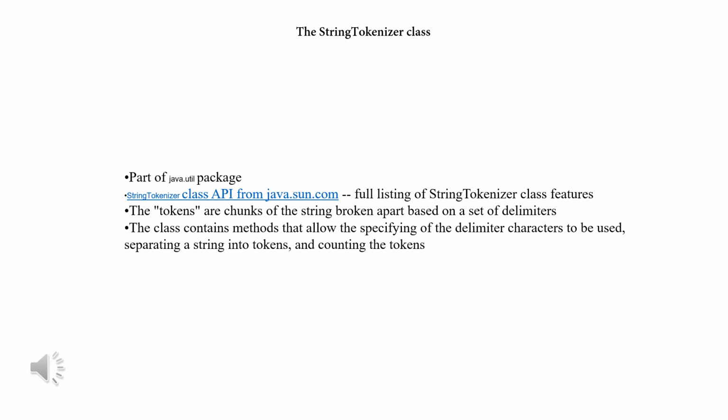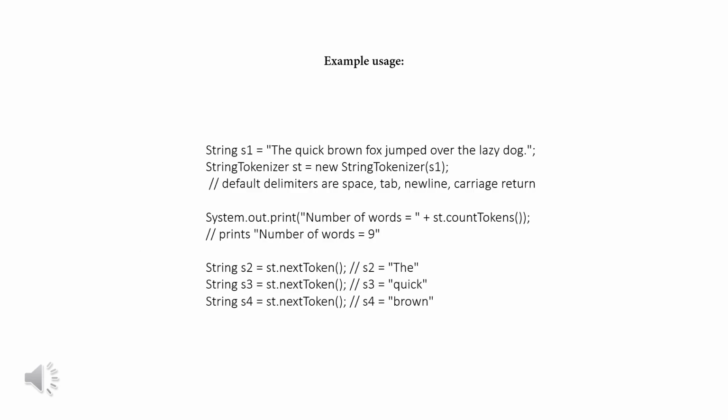So what exactly are tokens? Tokens are chunks of strings broken apart based on a set of delimiters, right? So that's the definition of a token. So a StringTokenizer class helps you to tokenize a string. Some of the usages for a StringTokenizer are as follows.